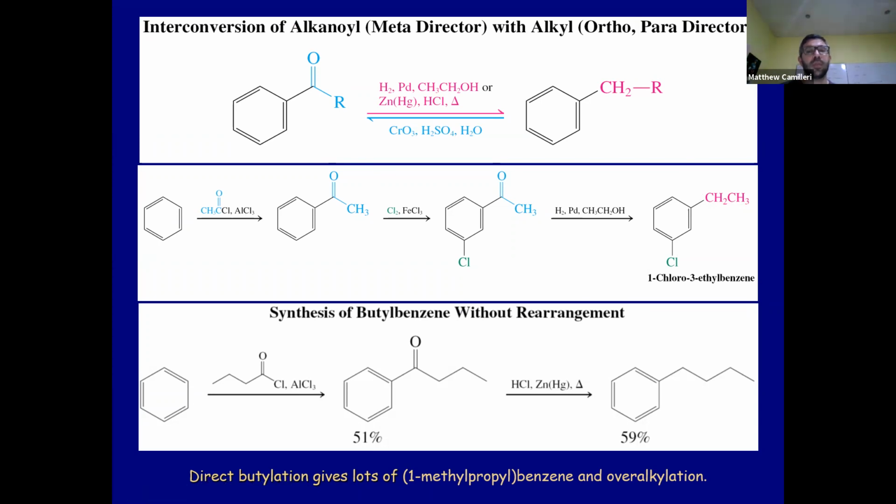Or even more important, so you don't have any rearrangements, the introduction of a butyl chain. In fact, if you were to do this reaction without the acyl chloride, if we were to use, for example, chlorobutane, you would have a rearrangement.